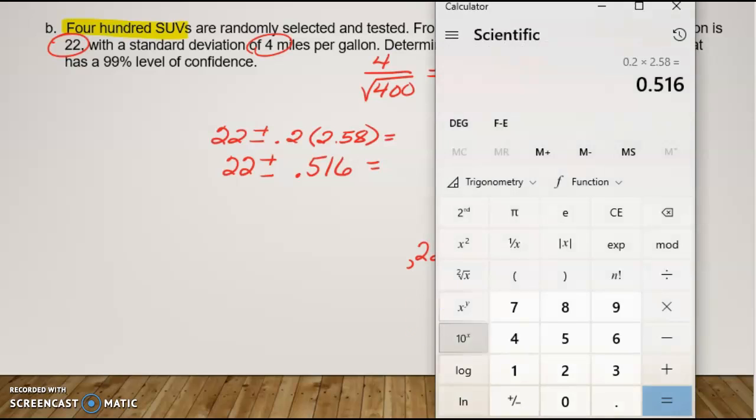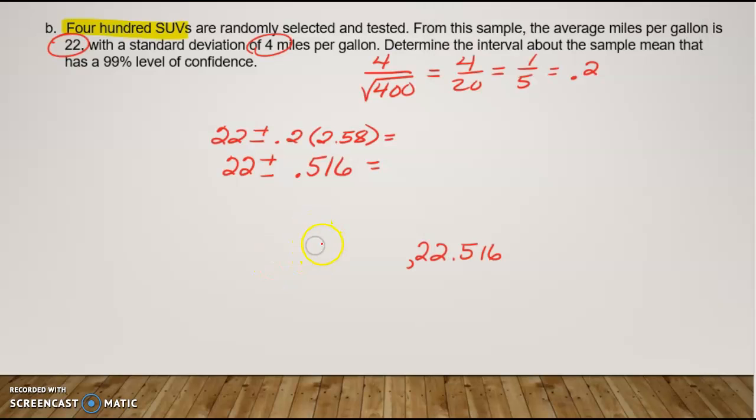Okay, 22 plus 0.516, 22 minus, so we get 21.484. So that interval has shrunk dramatically. 22.5 minus 21 point roughly 5 means your interval went down from 4 units to 1 unit.